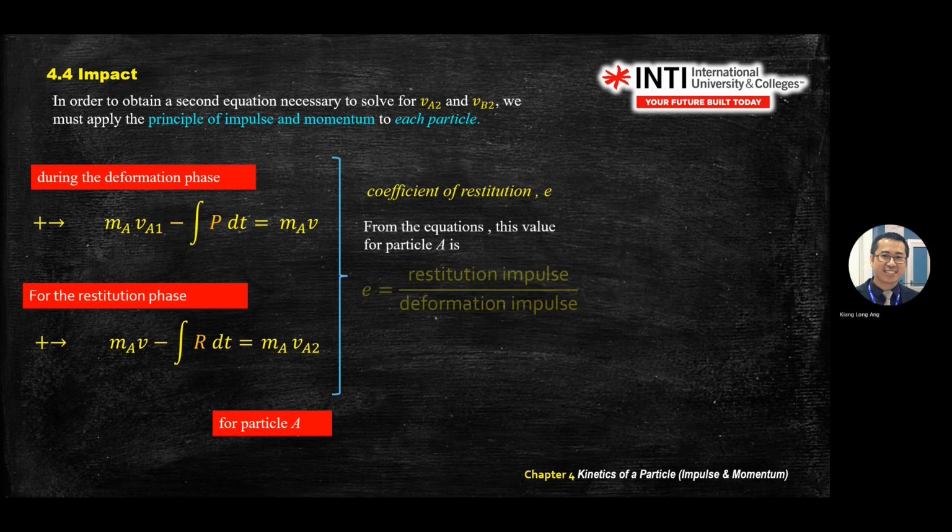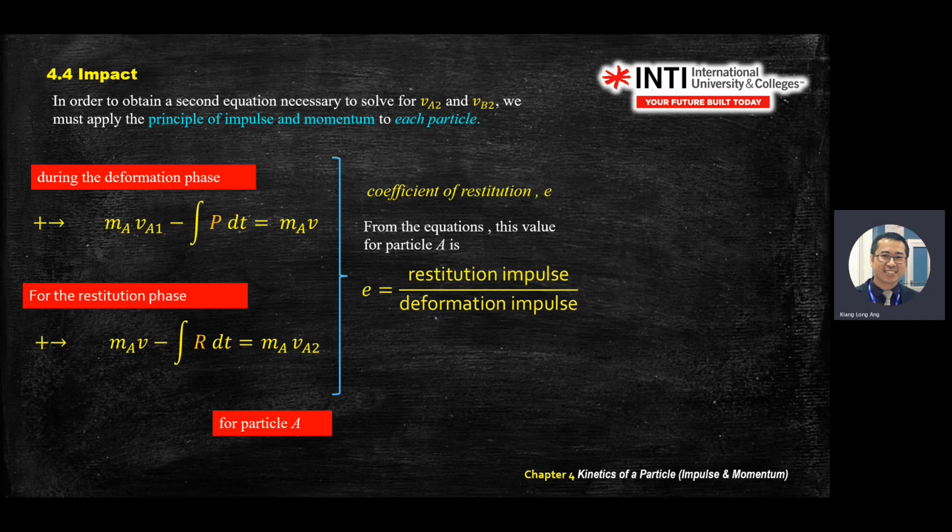It's the same. There's one new equation you learn today, called the coefficient of restitution, which describes the deformation before and after the impact. It is given by e equals the restitution impulse divided by the deformation impulse.